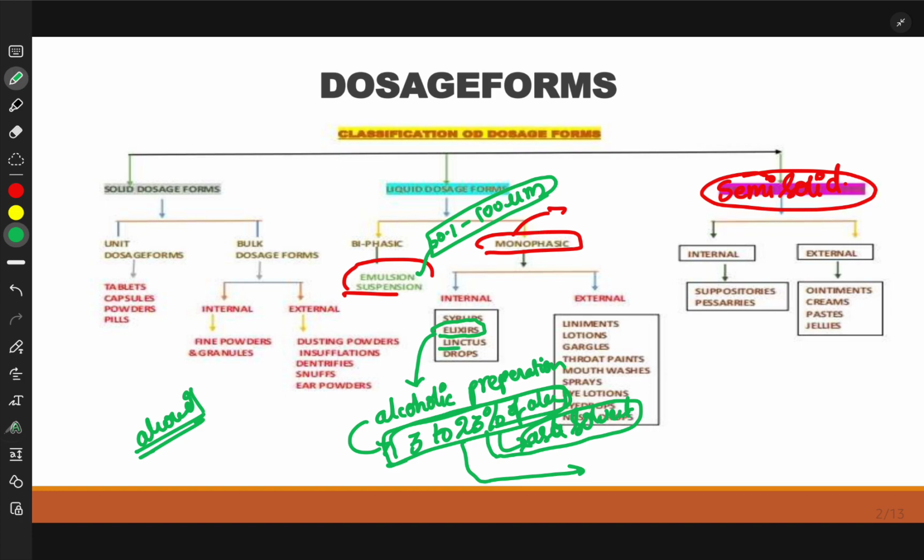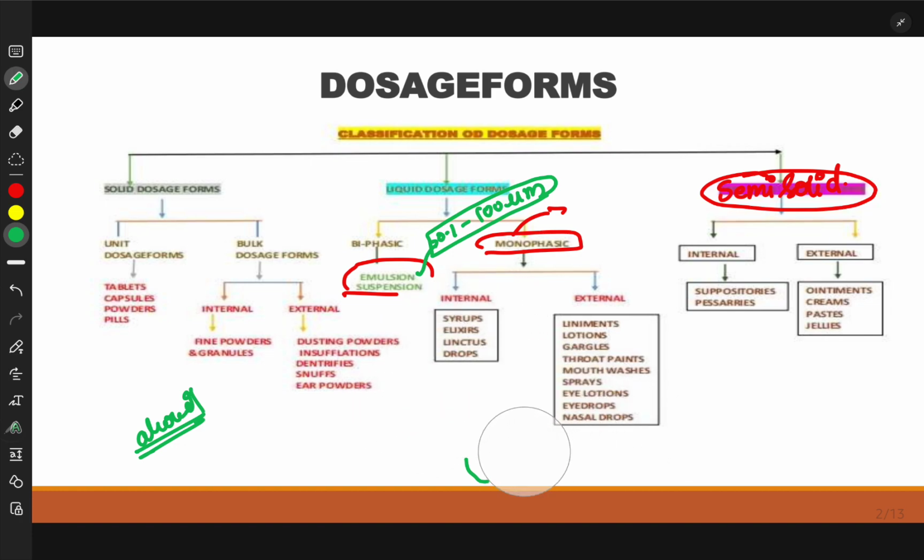Liniments are solutions and monophasic preparations which can be applied on the skin, and drops are like eye drops, etc. There is nothing important in this. Then for the external preparations, you can know what they are just by seeing the names.